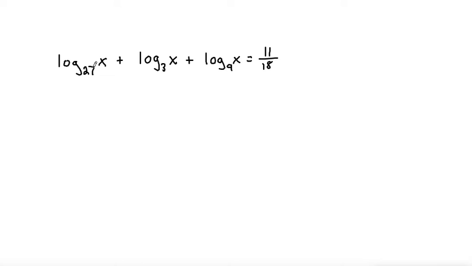There are a number of different ways that we can approach this problem, but one method is to use the change of base formula to change the bases all into the same base. I notice that 27, 3, and 9 all have a common exponential base of 3.